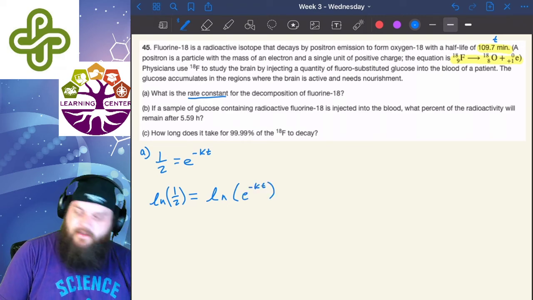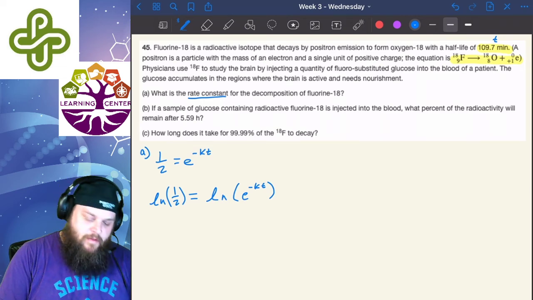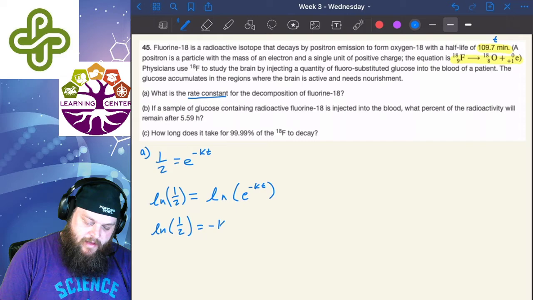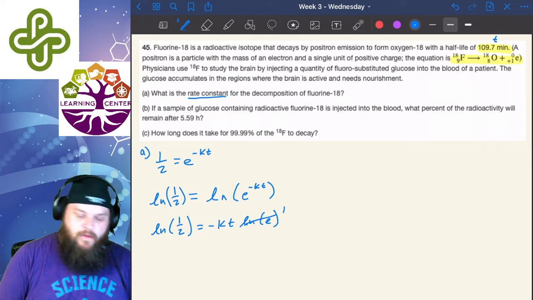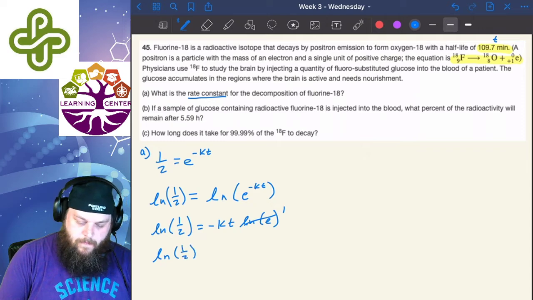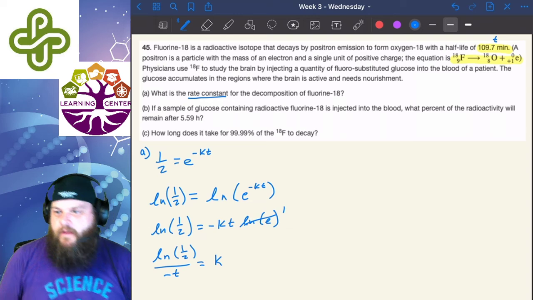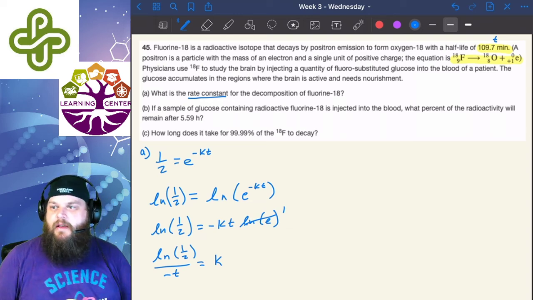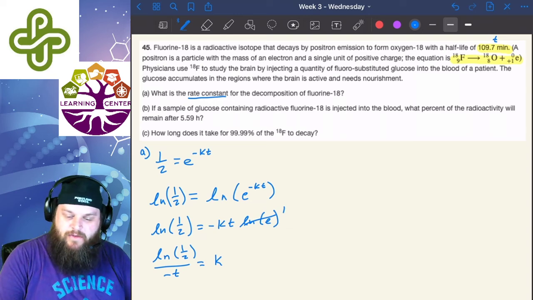We can bring those negative kt out in front. So that's the natural log of 1/2 is equal to negative kt natural log of e. This is going to be equal to 1. We can then divide by negative t to solve for k.